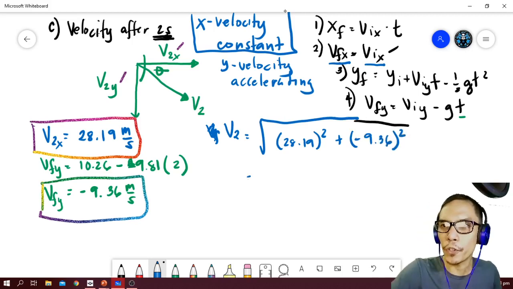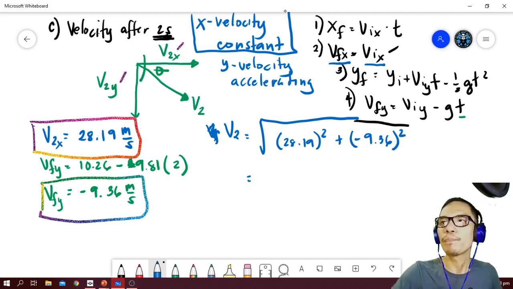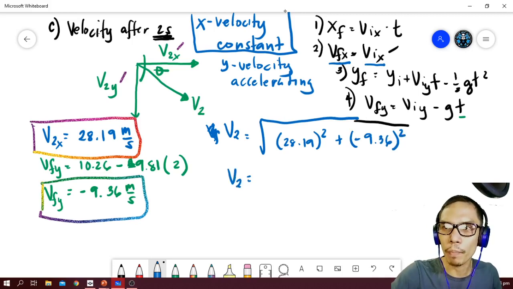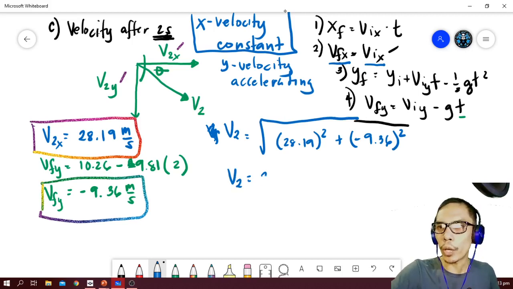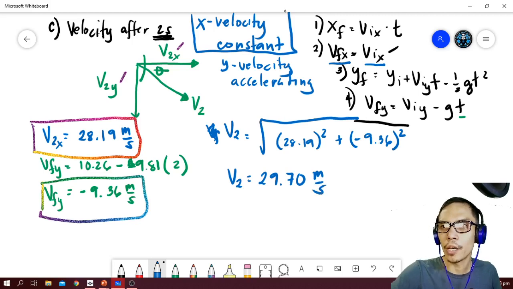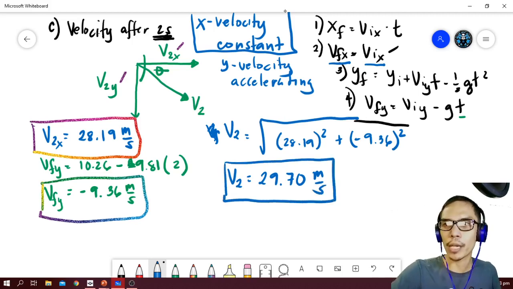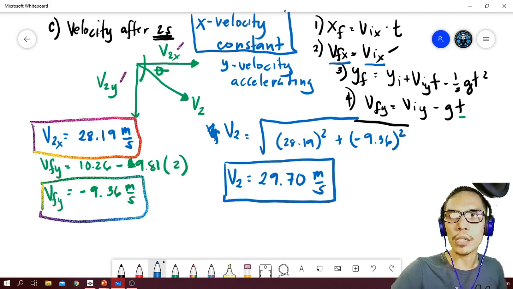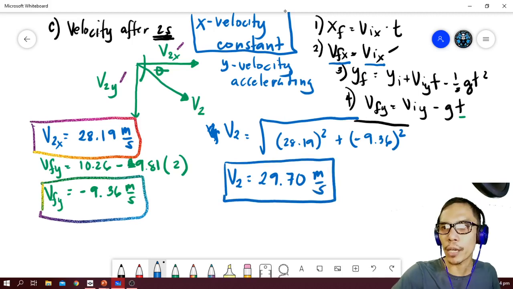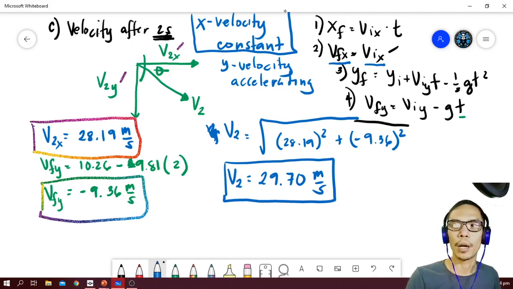If you do the math correctly, that will be 29.70 meters per second. So that is the velocity of the object after 2 seconds.